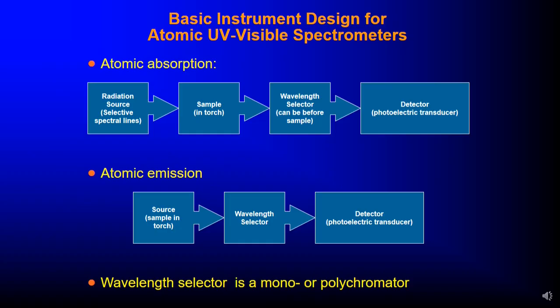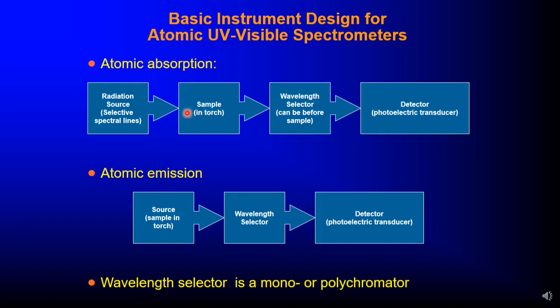So the basic instrument designed for atomic UV-visible spectrometer, you can see here: the source of radiation, then we have a sample in a torch.